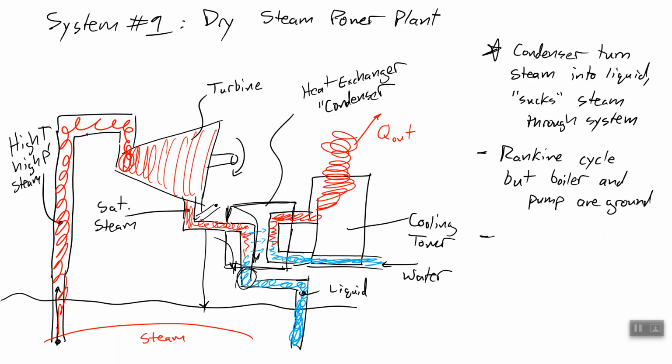Okay, so these systems are great because they are simple, plus they're economical, right? You can imagine this won't cost very much. The fuel's free. However, it only has about a 20% efficiency because we can't get as high of a pressure of steam as we need to really extract a lot of work.